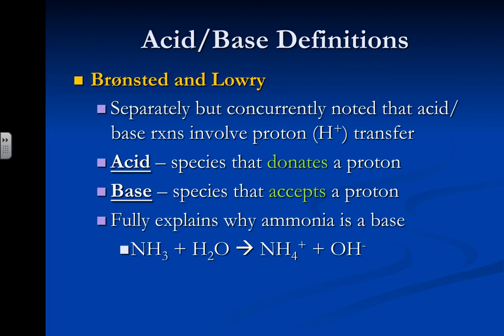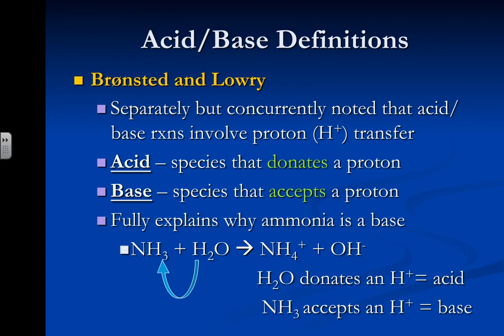This fully explains why ammonia is a base, because if you take a look at this equation here with ammonia reacting with water, you can see that there is a transfer of a proton. Do you see where the proton came from and where the proton went? And if you see that, can you then explain which one is an acid and which one's a base? Okay, so if not, or if you're just continuing to watch the video, take a look.